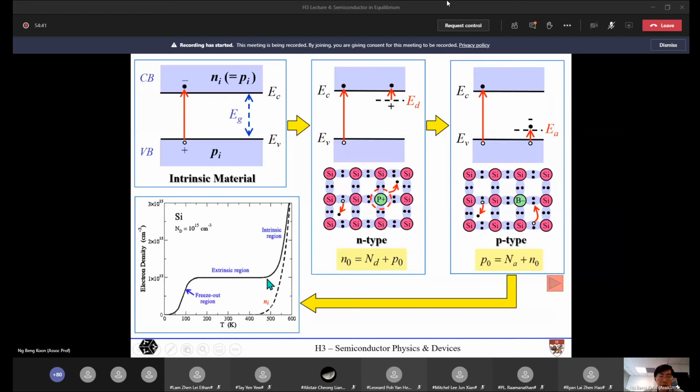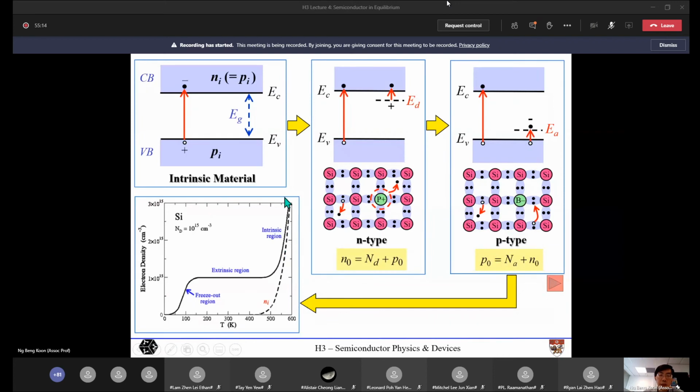Once you go above 450 Kelvin for silicon, you find that the temperature is now so high that the band-to-band transition starts to become quite significant. You get a lot of electrons and holes being created, so much so that they start to dominate the number of electrons and holes in the semiconductor. You will find that above 450 Kelvin, the concentration of electrons, and in fact also the holes, will start to increase.